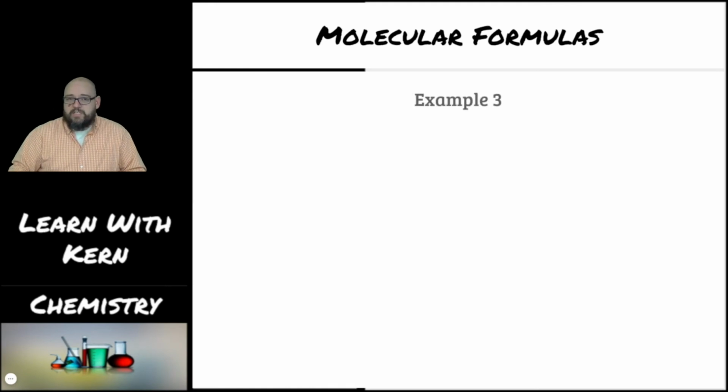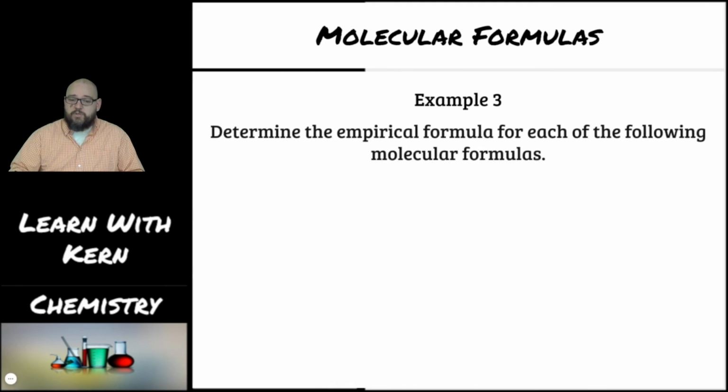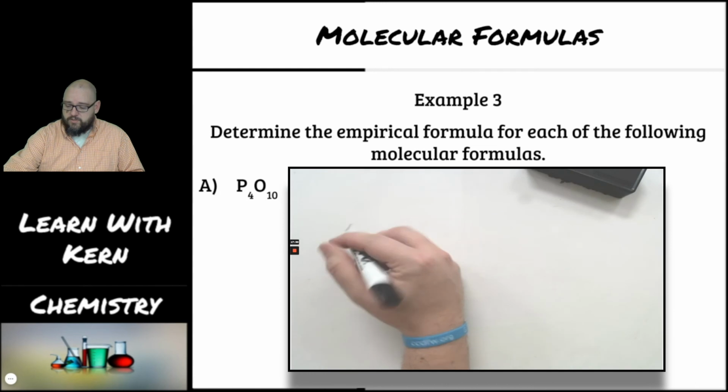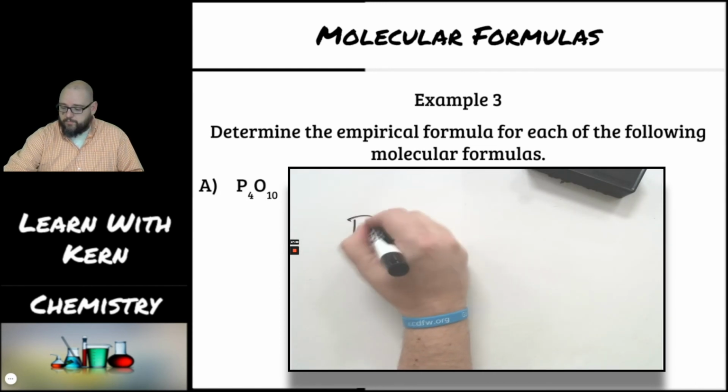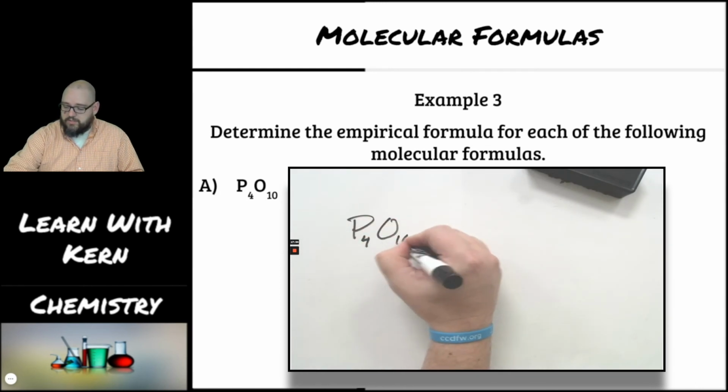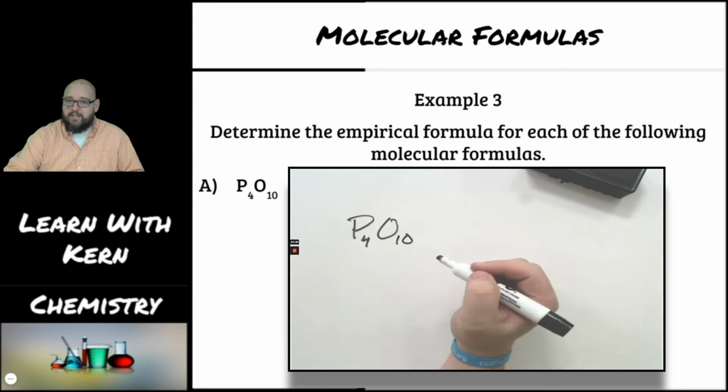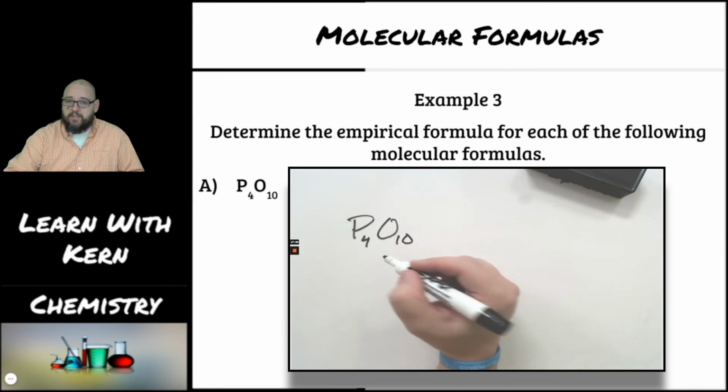Now, for these examples, you're not always going to be asked to find the molecular formula. Sometimes you will be asked to find the empirical formula when you're given the molecular formula. So that's what we're going to do on this. We're going to determine the empirical formula for each of the following molecules. So if I'm given P4O10, well, 4 and 10 can both be divided by 2.